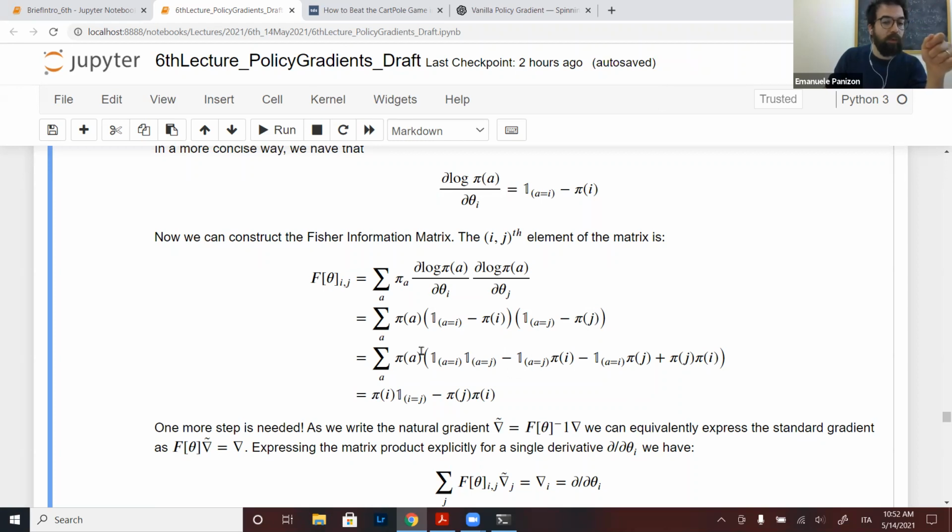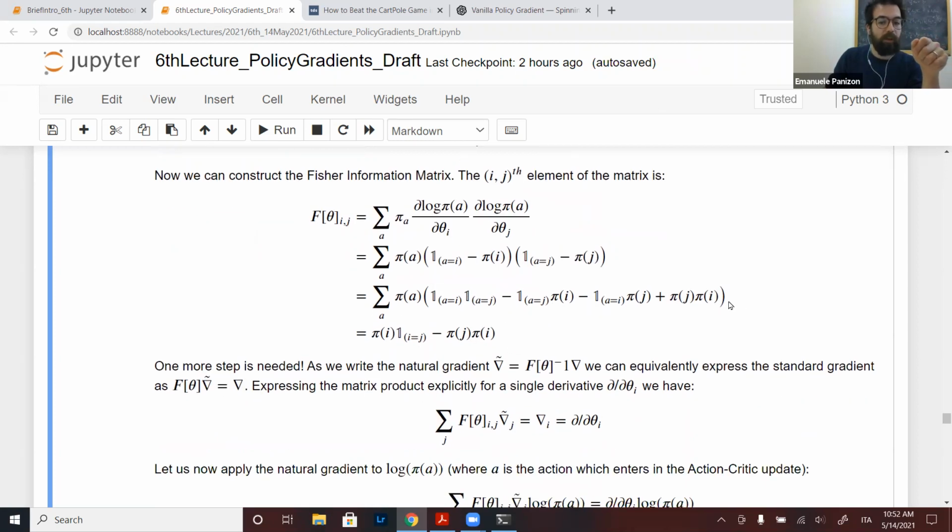If you do this calculation, it's very simple. Why is it simple? Because you always know that the sum over a of π a sums up to 1. So actually it's very simple to deal with. From this, only 2 terms survive in the end. Please, it's very simple to do this calculation.